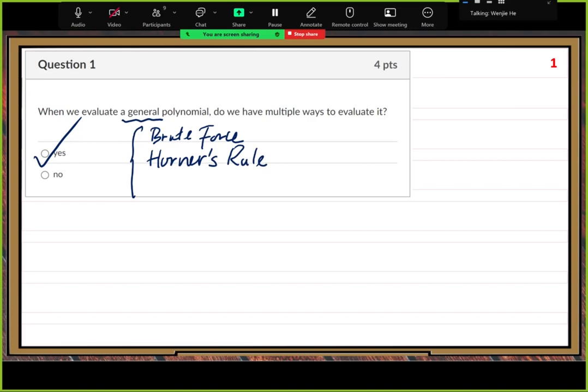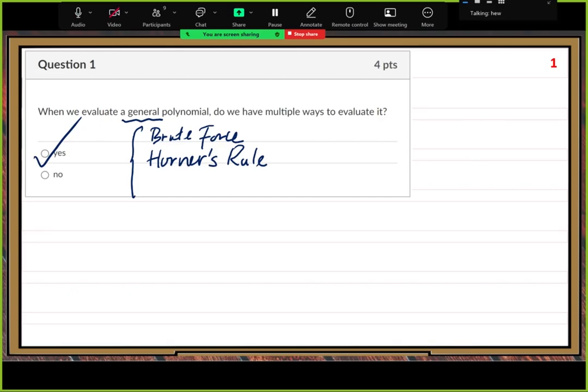Because we apply repeated squaring and repeated cubing on monomials, and when we calculate a polynomial, only when we calculate monomials do we call repeated squaring and repeated cubing. So we can also say these are different methods.